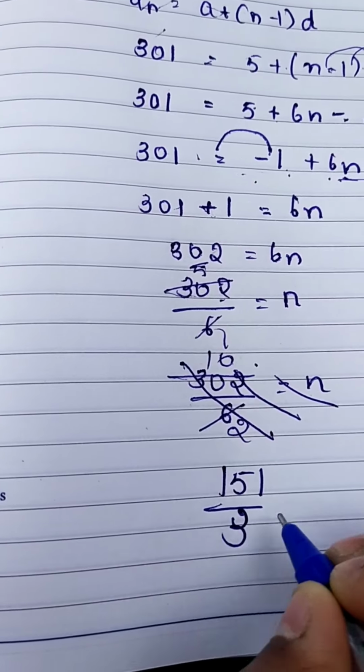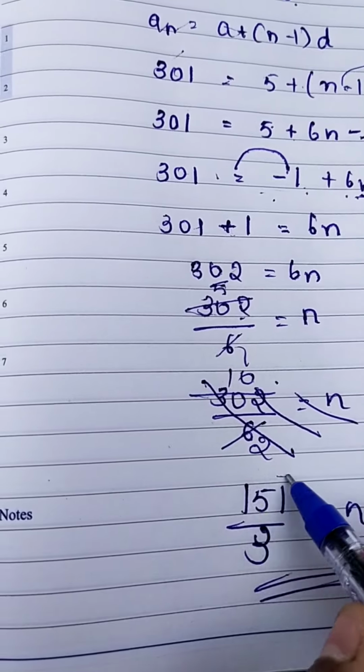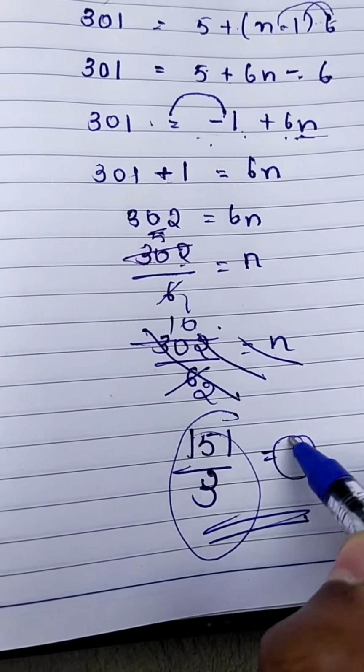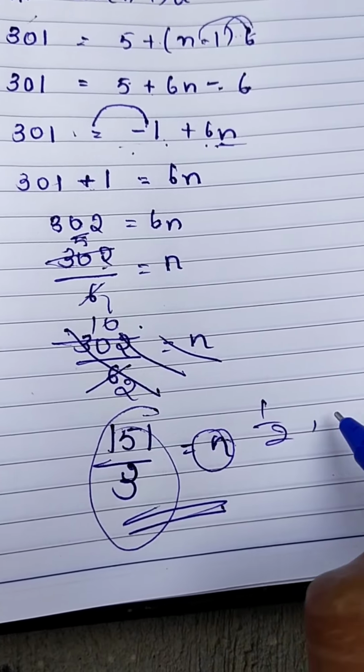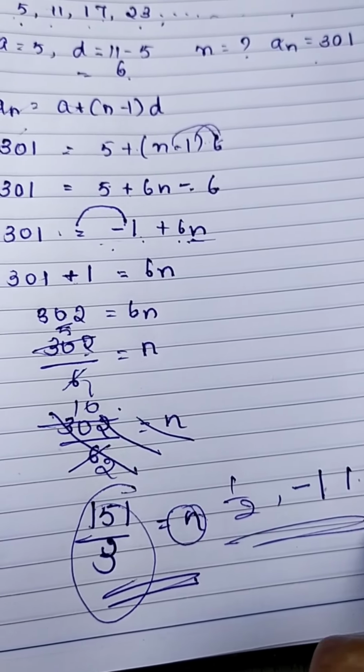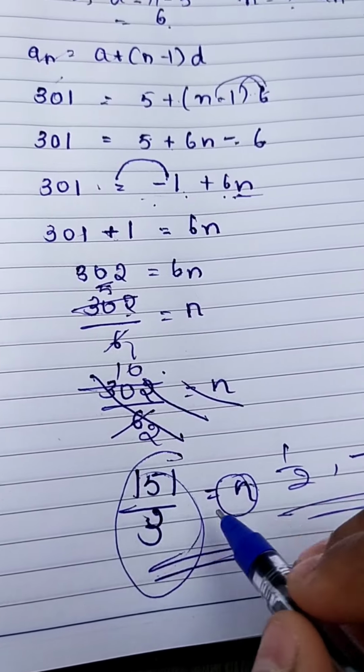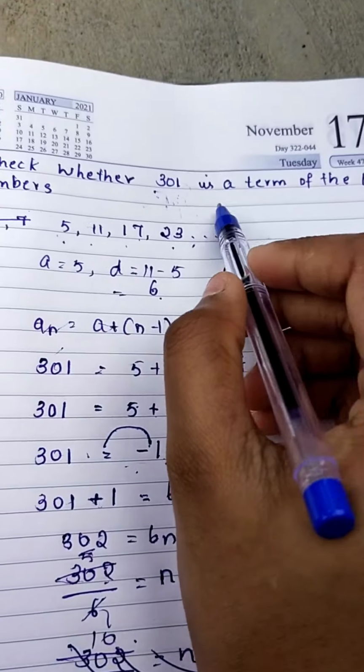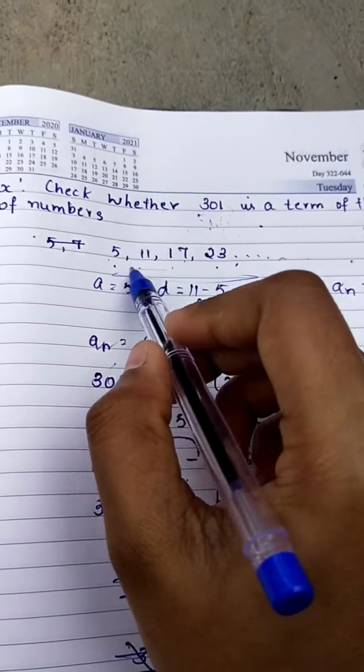The nth term number should not be a fraction, should not be negative, and should not be a decimal. So it is in fraction form, and 301 is not a term of this list of numbers.